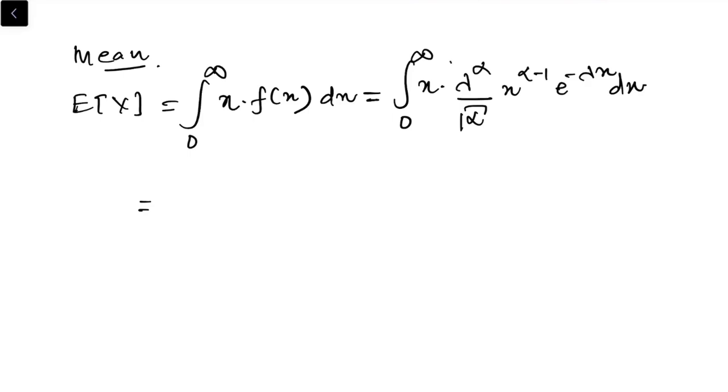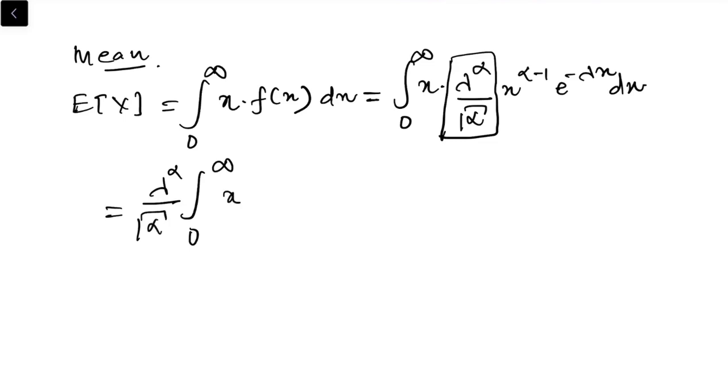Now we can bring this term outside of the integration. So this is lambda to the power alpha over gamma alpha, times the integral from 0 to infinity of x to the power alpha plus 1 minus 1, e to the power minus lambda x dx.